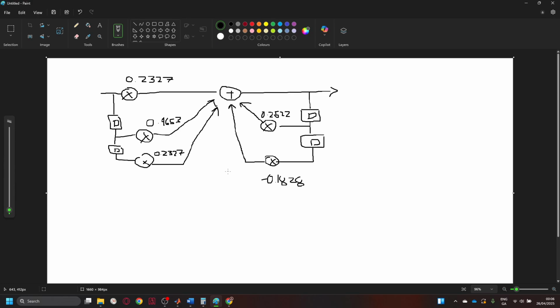For this part, we're just going to write the equation for all of it.